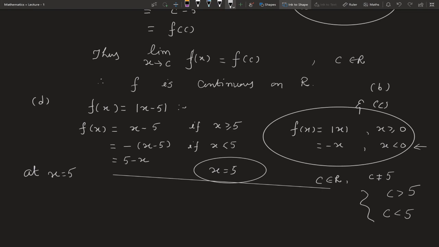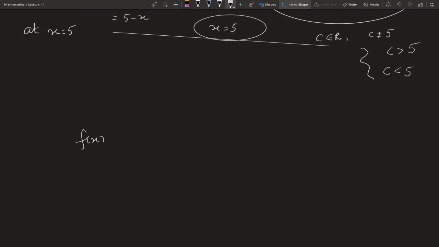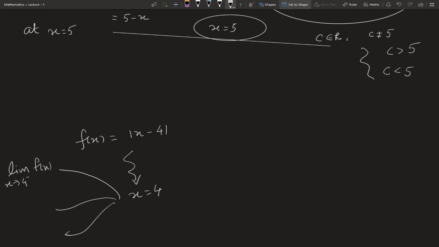Suppose there is another example, say before solving this, you check this one. You have to check continuity for x equal to 4. For this purpose you have to check limit x tends to 4 minus f of x, limit x tends to 4 plus f of x, and f of 4.